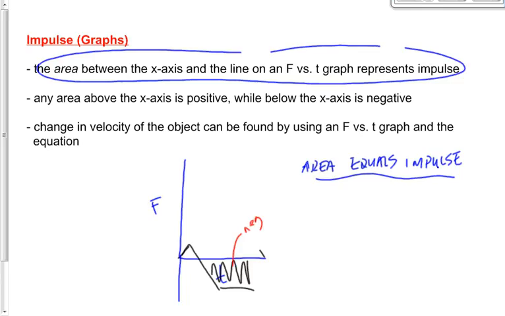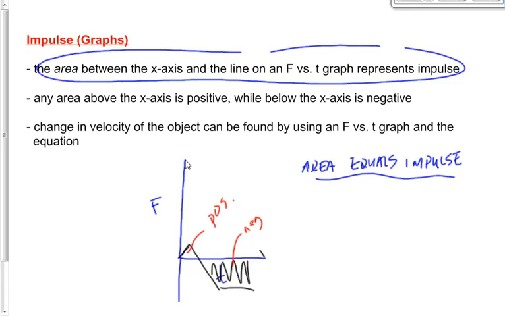This would be positive. This would be negative. And if you want to find the total area, the total impulse, therefore, you're going to add those areas up. All the positives added to all the negatives to give you the total impulse, the total area.